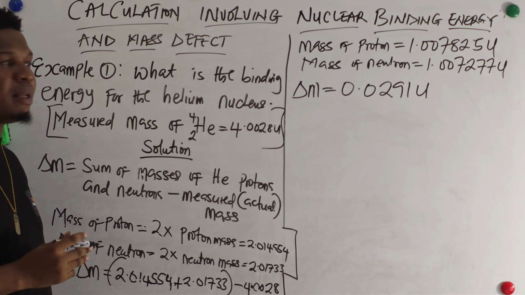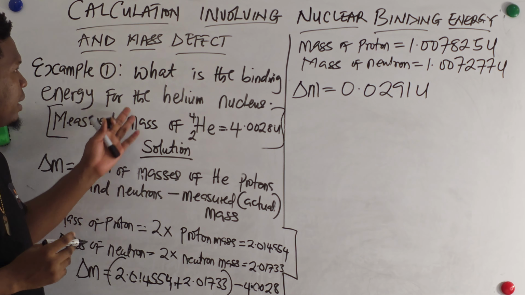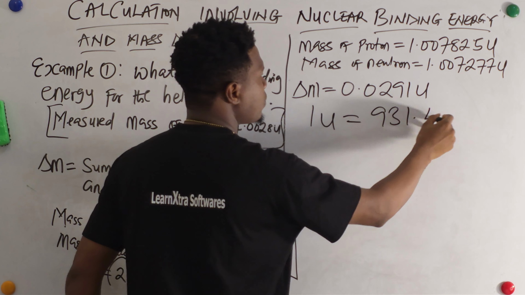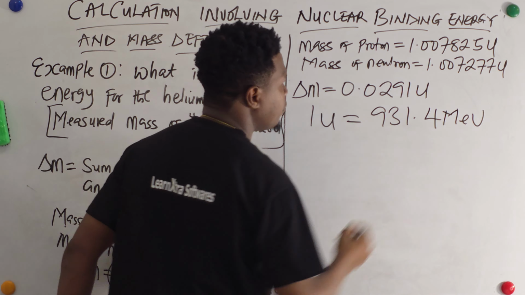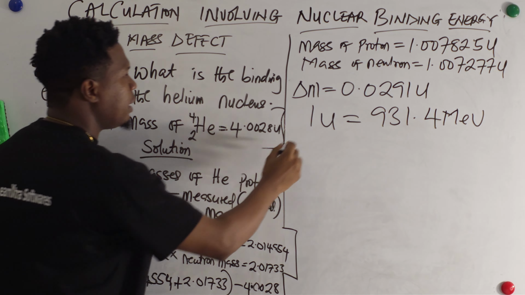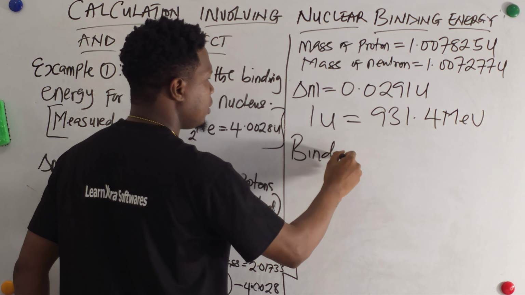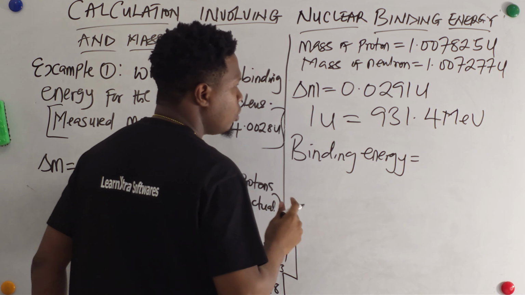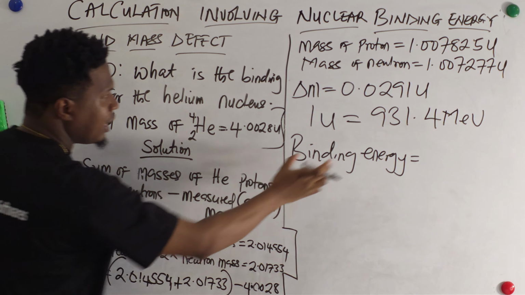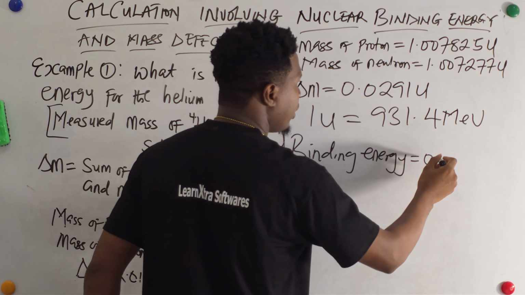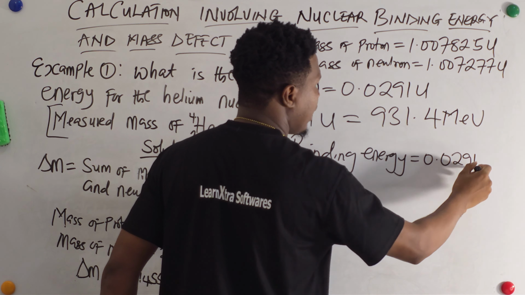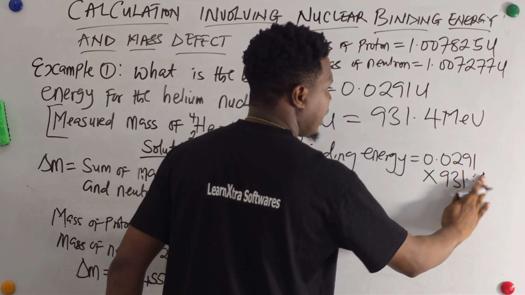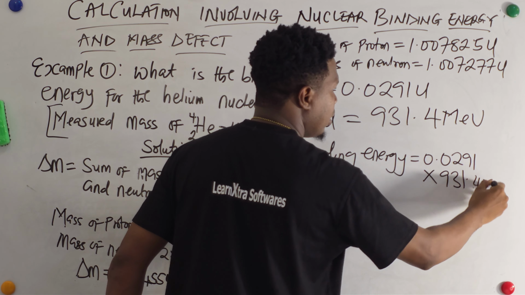The next thing now is to find the binding energy. Remember that 1 u is equal to 931.4 million electron volts. So the binding energy will be equal to multiplying the value we have here, 0.0291, by 931.4 million electron volts.